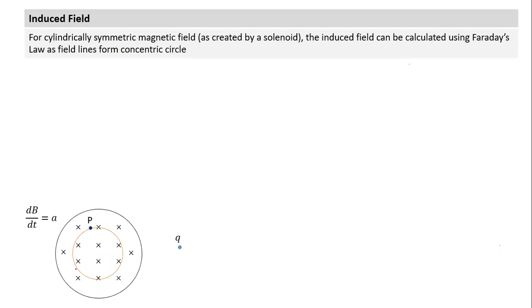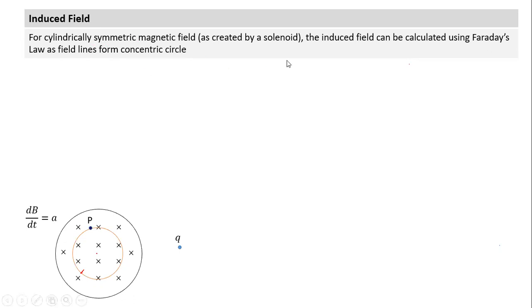So if I take a circular path, and the circular path is concentric with the magnetic field, everywhere on the circular path the distance is the same, and because of symmetry the magnitude of the electric field will be the same and the direction will be tangential. So it can be calculated only in case of symmetry. What kind of symmetry? A cylindrically symmetrical magnetic field, as created by a solenoid.